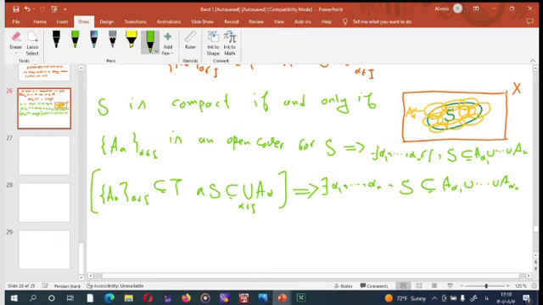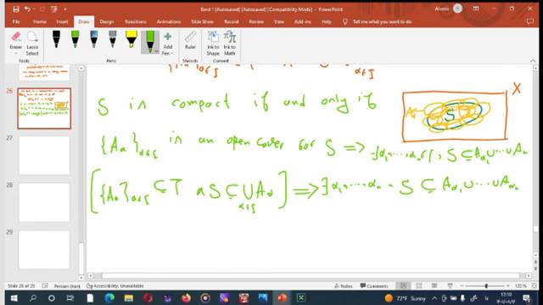Okay, because this is the definition of open cover. All of these alpha must be open, and S must be a subset of this union.